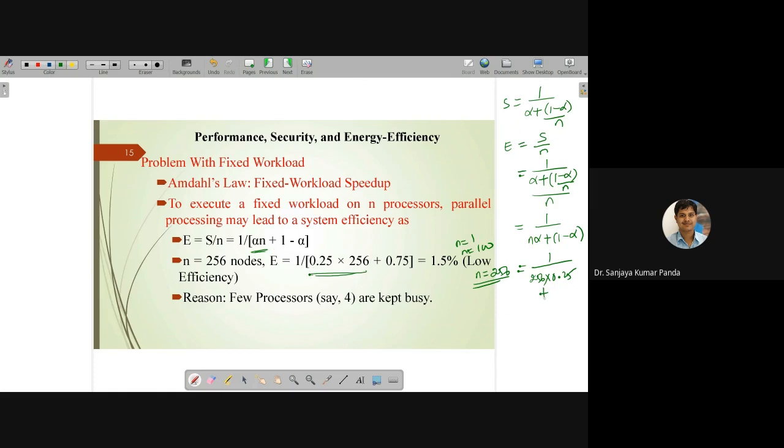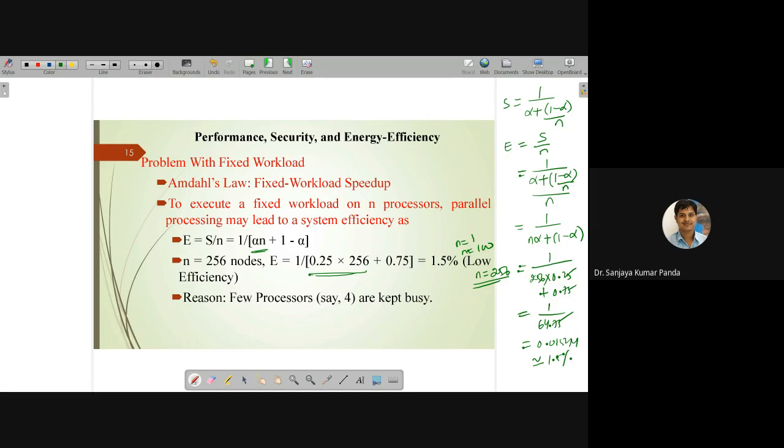You can do it either way because a into b is b into a. 256 into 0.25 is 64, plus 0.75 is 64.75. And 1 divided by 64.75 gives 0.01544, which is equal to 1.5%.